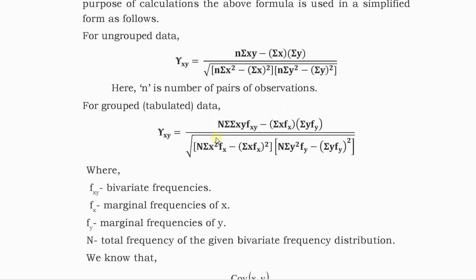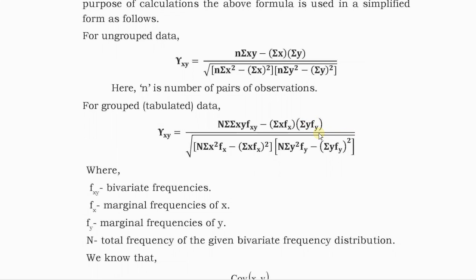Okay. So that is capital N, which is the frequency total, into the double summation of x into y into fxy. Fxy means the frequency of x and y. Next, summation of x into fx, that is the frequency of the variable x. Summation of y into fy.